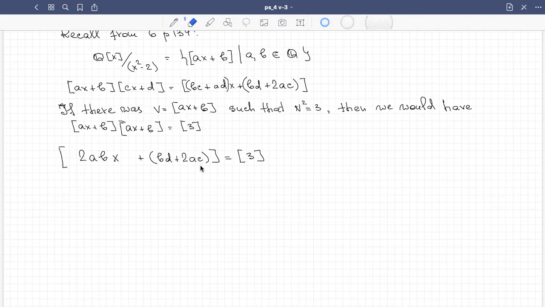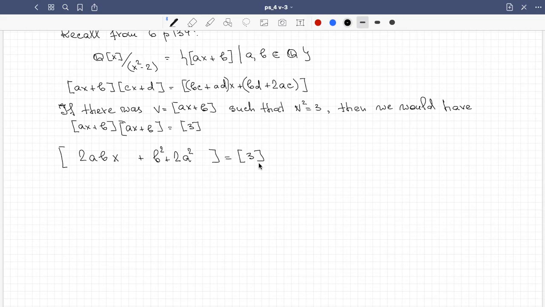So this should be b squared plus 2a squared. Great. So these two polynomials must be the same.